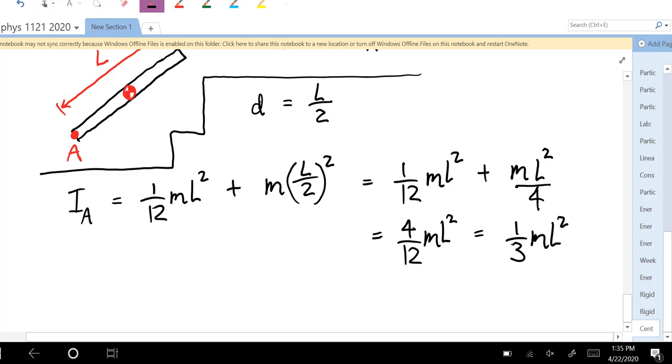So what that tells us is that if you're ever rotating a slender rod around one of its endpoints, the mass moment of inertia is this, which means that it's 4 times more difficult to get a slender rod rotated around its end than it is around its center of mass.